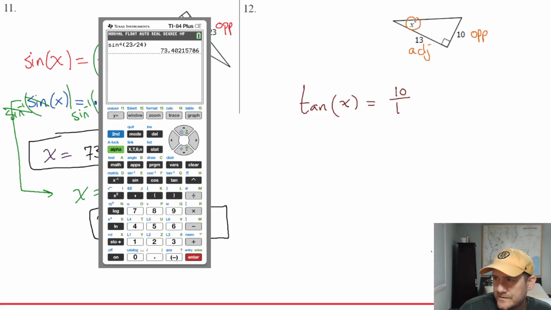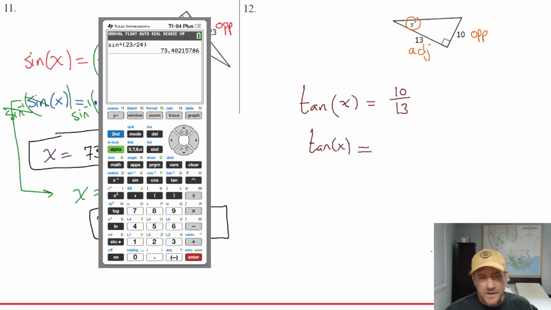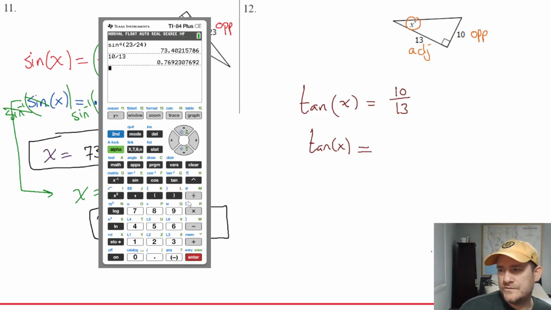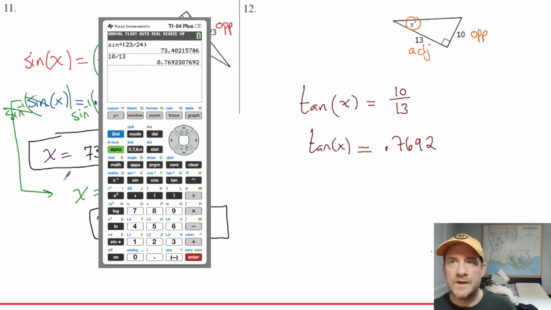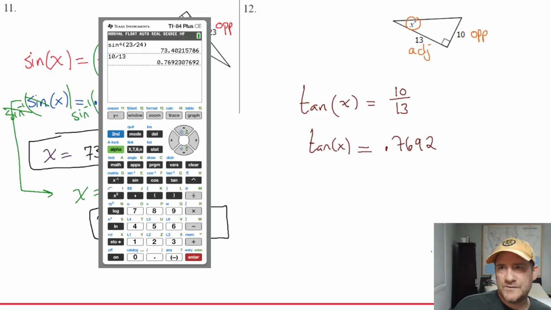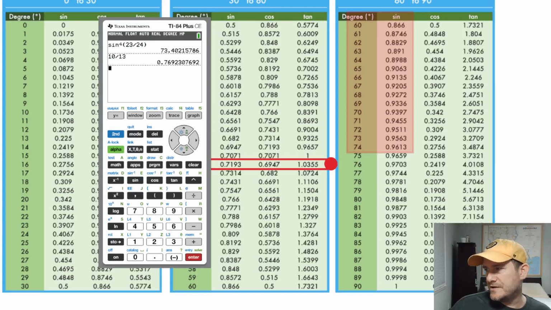That's 10/13. That means tangent of x has to equal about, well, 10 divided by 13 equals 0.7692. Okay, so again, if I've got a decimal, I'm going to go hunting in my chart.